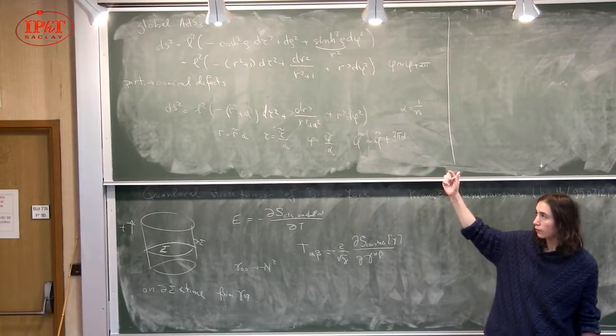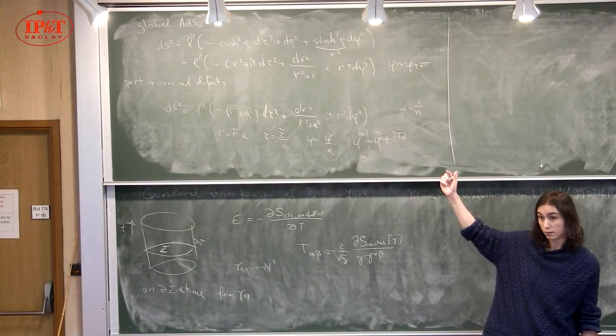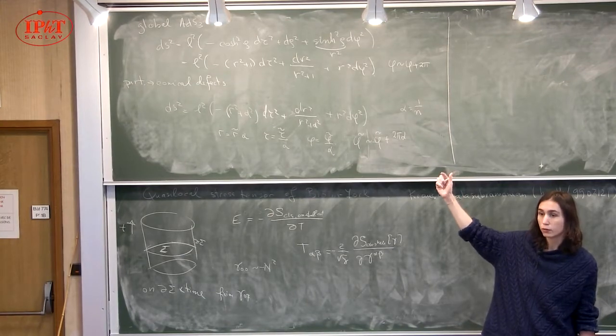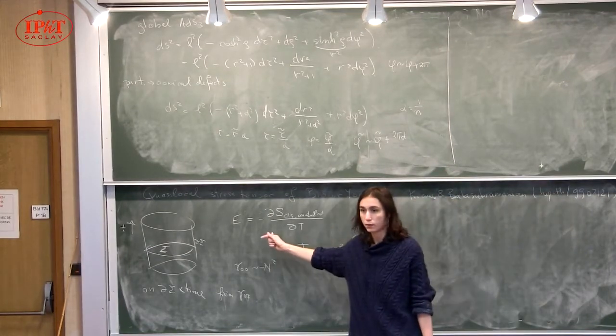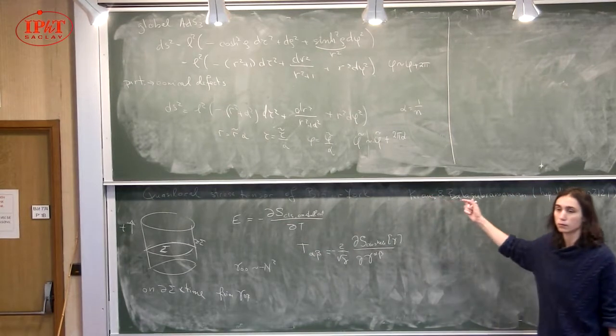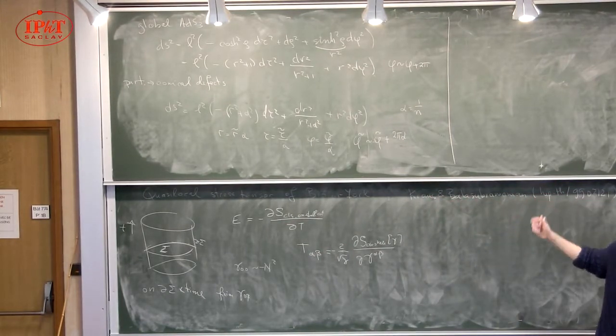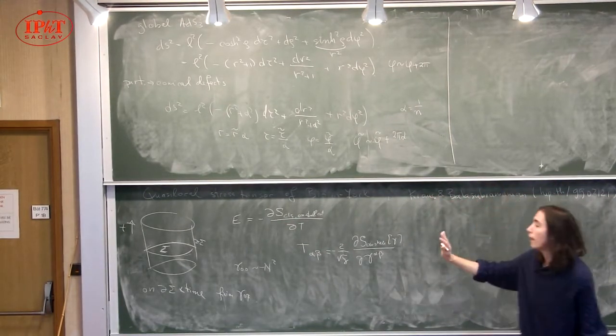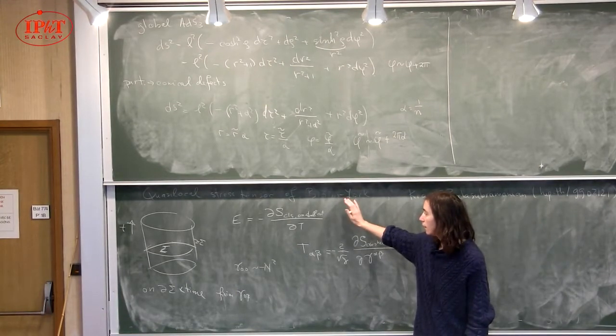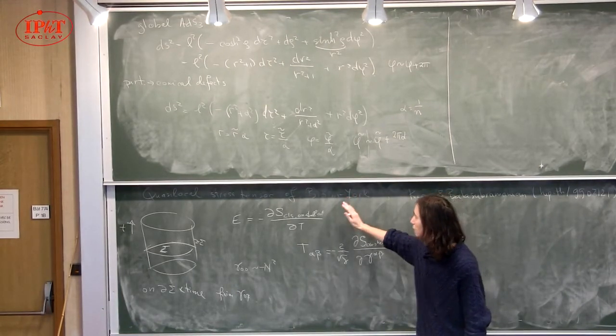Yes, but then you have to look at the variation of the endpoints, and that's going to give you a minus PQ dot, so what you're going to get is L minus PQ dot. Okay, I mean, this was very, very rough, and I need to think about that.